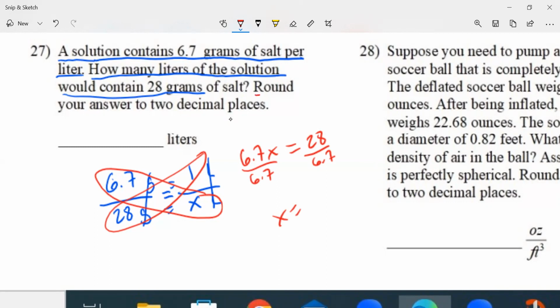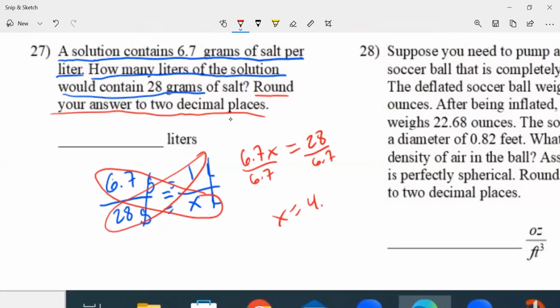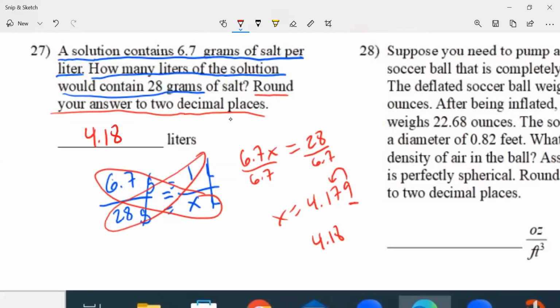Now my instructions said round your answer to 2 decimal places. So let me write down 3 decimal places first. 4.179. I do look at the third decimal place. In this case, it's big enough, so my 9 pushes the 7. So my answer is 4.18 liters.